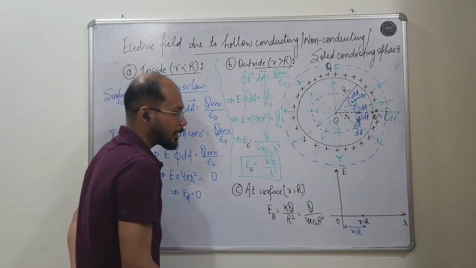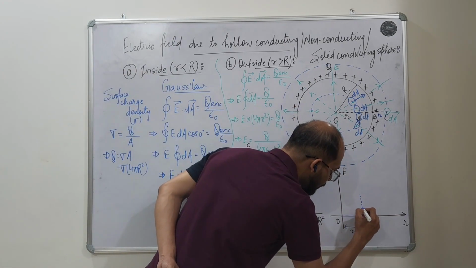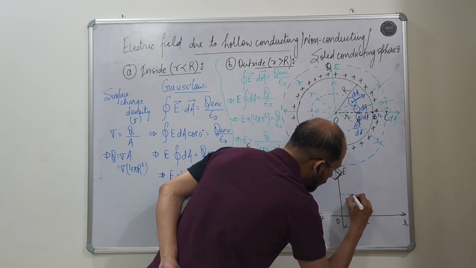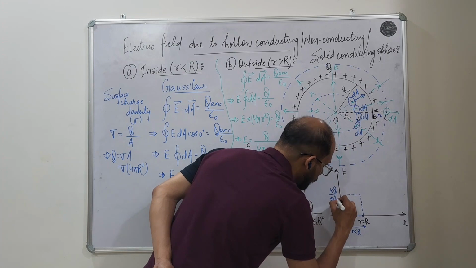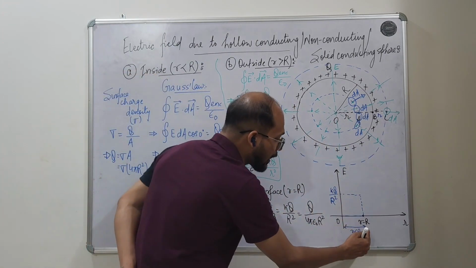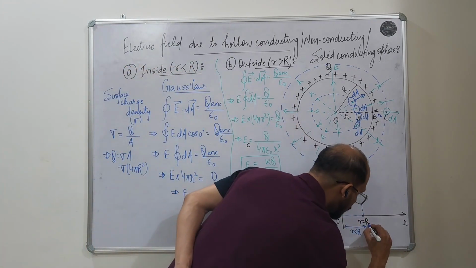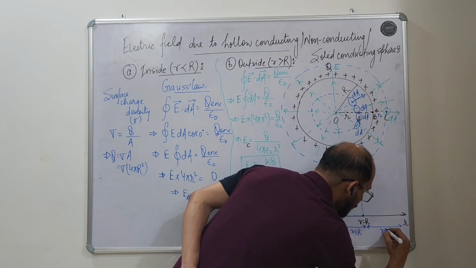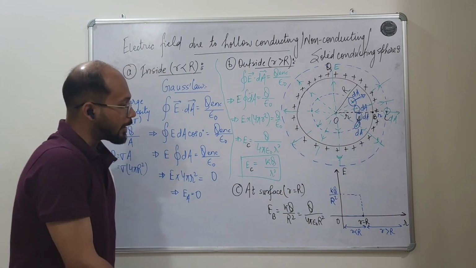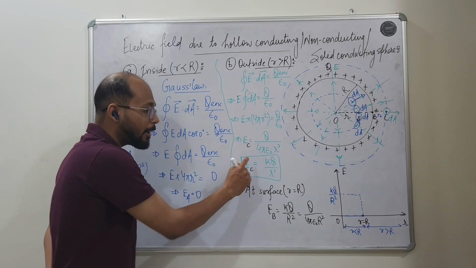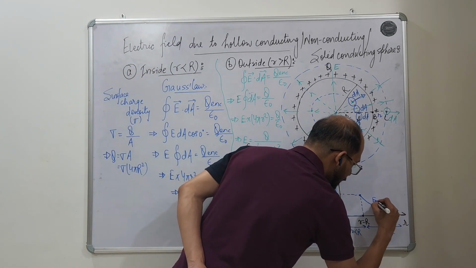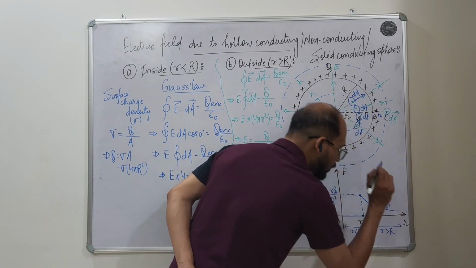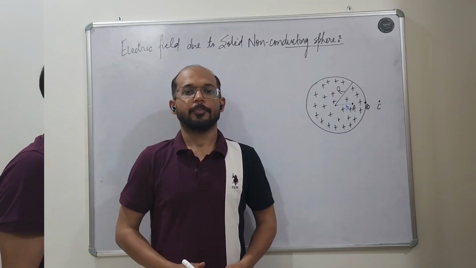At the surface, the electric field has some value, that is K into Q by capital R square. And after this, for small r greater than capital R, the electric field varies as 1 by r square. So the graph will be like this. Electric field is inversely proportional to small r square.